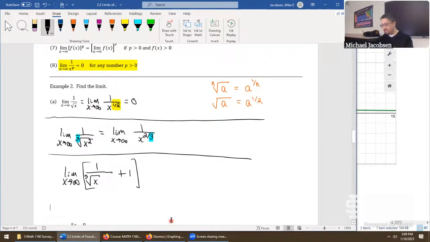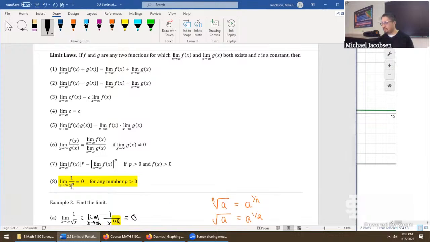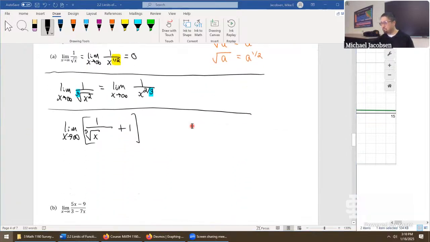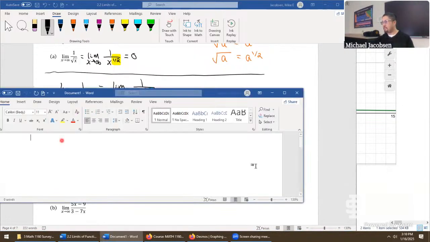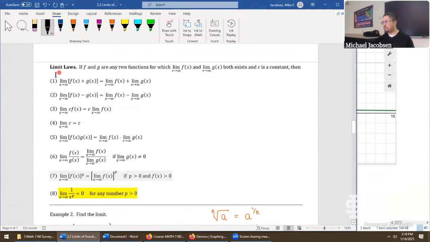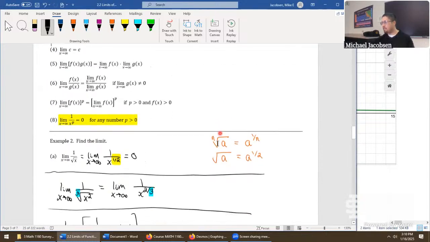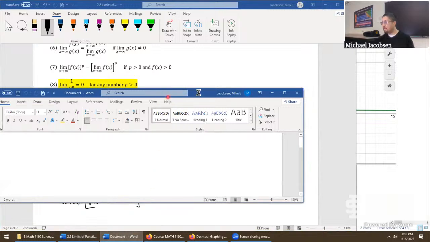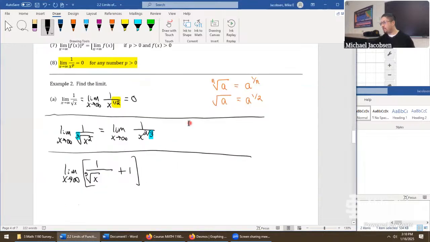So the idea with this limit here is that now we're really using limit laws. So let me scroll up here. In fact, let me do something that might be more efficient for us. Let's open a new document. I'm just going to paste these in so we can screenshot them in a faster way. Okay, so we've got our limit laws here on the right.